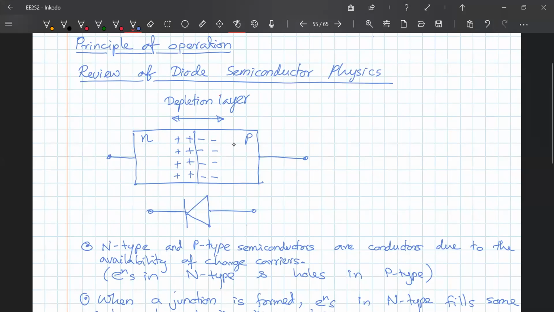So depending on the energy, you may be able to jump to the other side and widen this depletion region. Or if you apply a voltage in the opposite direction, you may actually reduce it. In other words, you take some electrons from here. Okay, so both are possible.